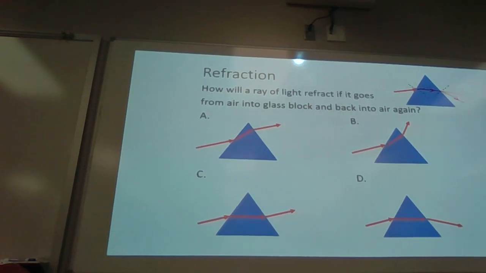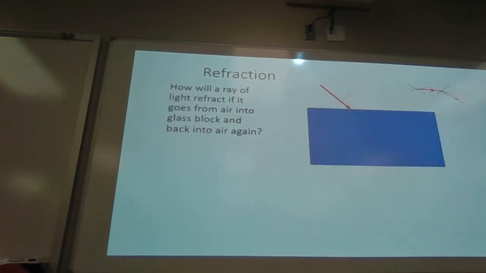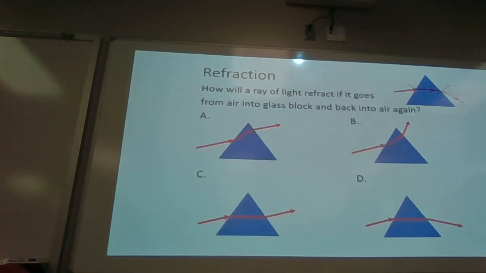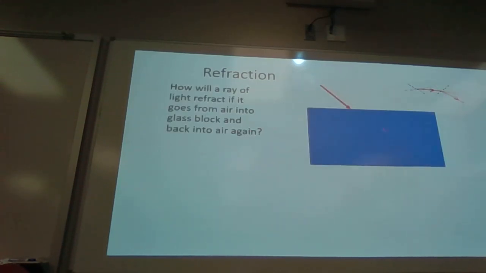Do you see the difference between this scenario and this scenario? Here, the surfaces were parallel, so the rays ended up being parallel. Here, definitely not the case. You see how much the ray deviates off of the straight line path. Here, it doesn't deviate that much, it's like boop, boop.